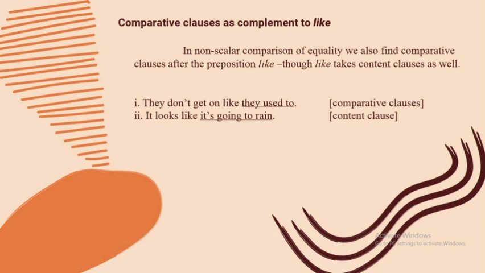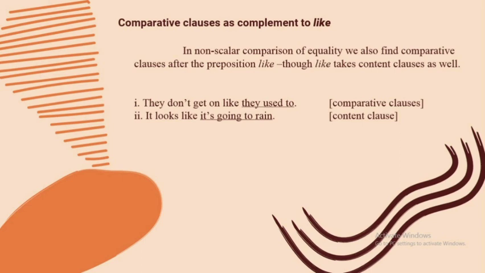It is a comparative clause. Two: It looks like it's going to rain. It is a content clause. In 1, we have the familiar kind of comparison between the way they get on now and the way they used to get on.